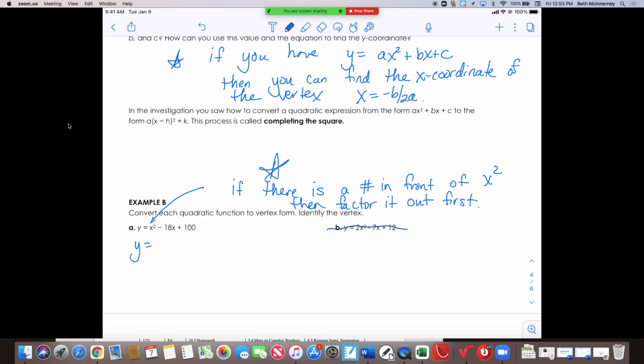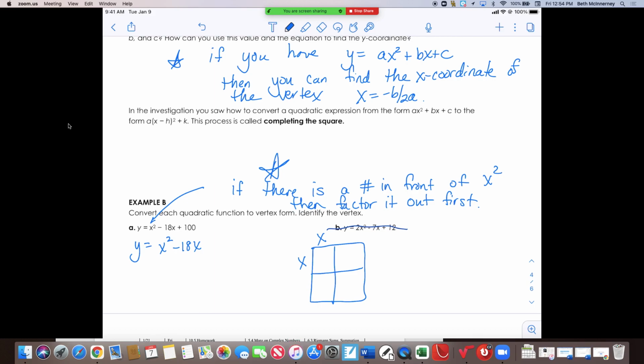You look at x squared minus 18x. What numbers do I need to put in the other spots that would add up to negative 18?